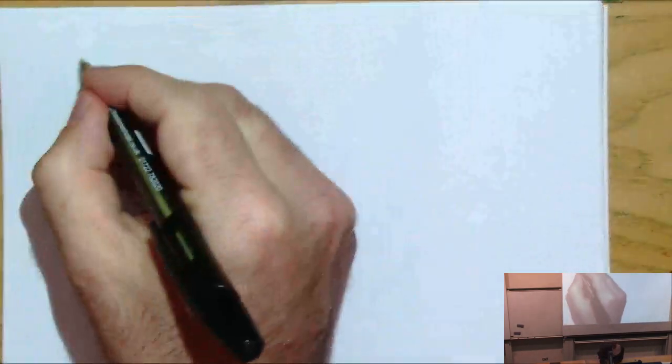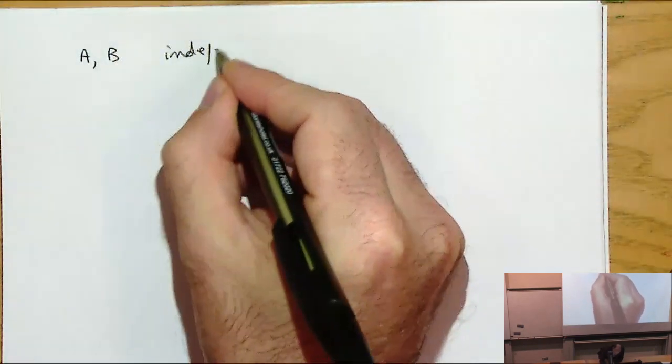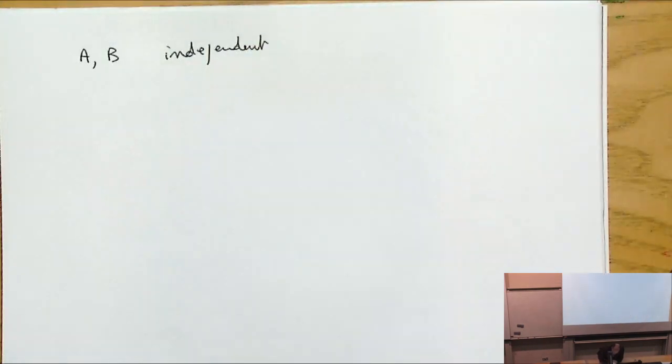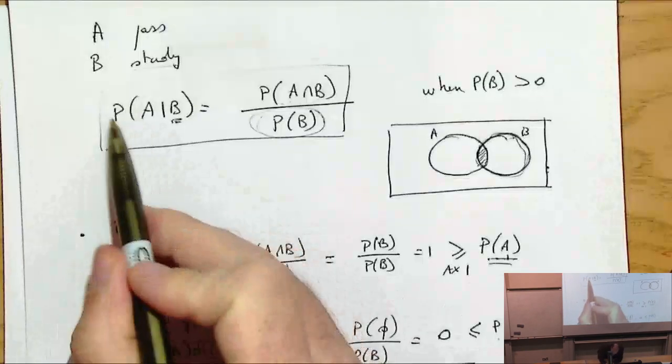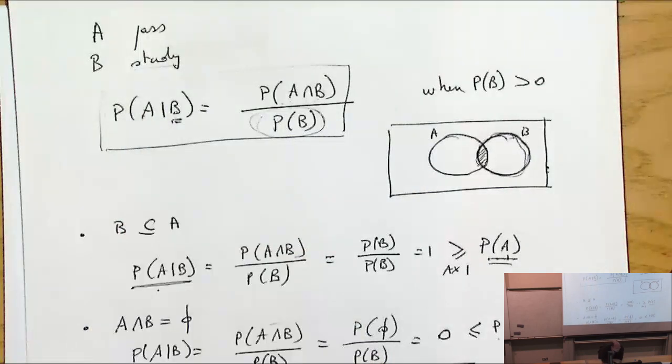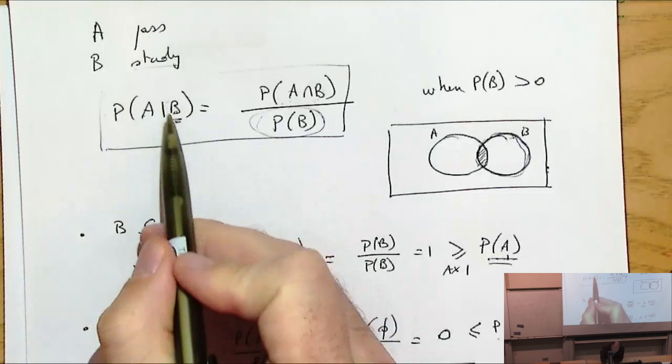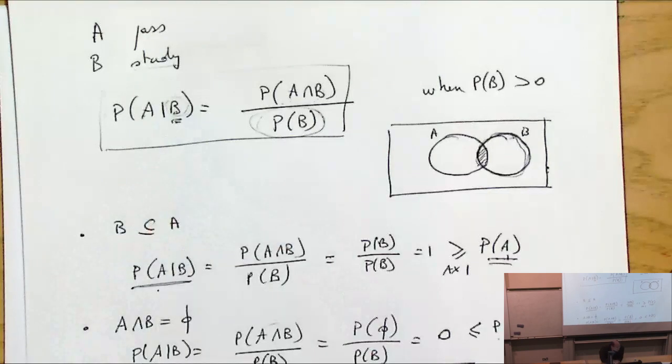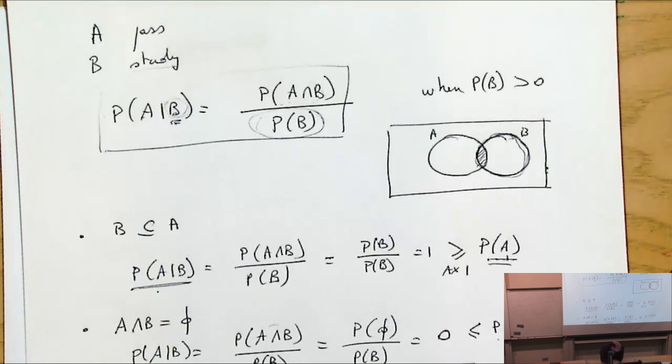So what if now you have two events A and B that are independent? What does that mean? We have here the probability of having A occurring given that B occurred. Imagine that if two events are independent, that means that essentially the occurrence of B does not influence the probability of A, or the occurrence of B does not influence the occurrence of A, right?